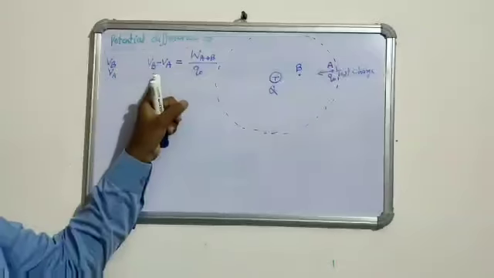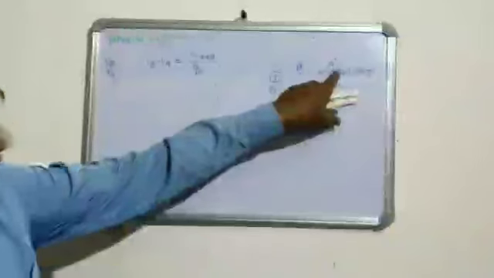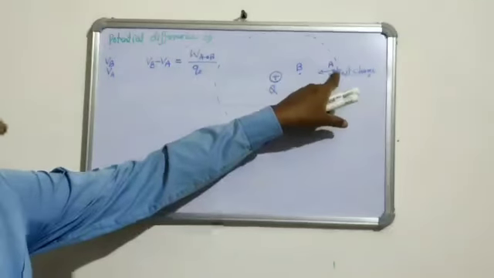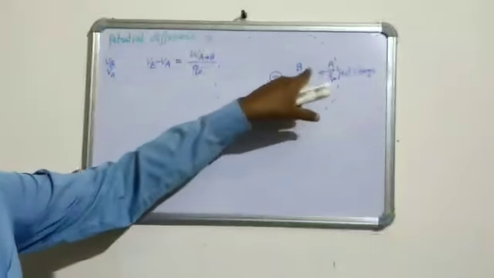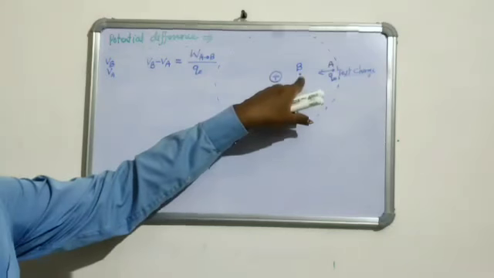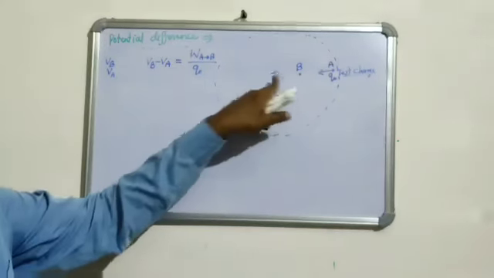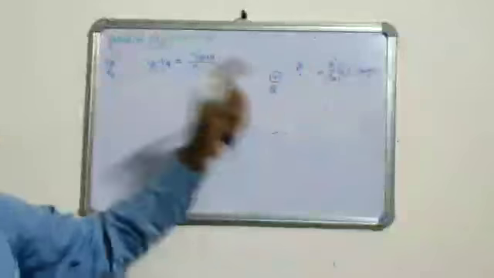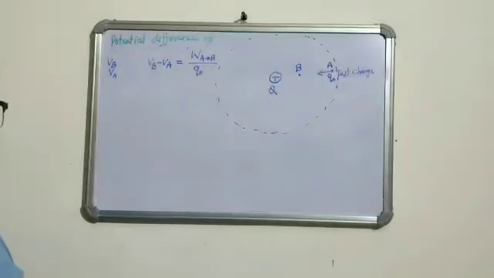The definition of potential difference is the work done to bring a test charge from one point to another point in the opposite direction of the electric field. Why do I say in the opposite direction of the electric field?